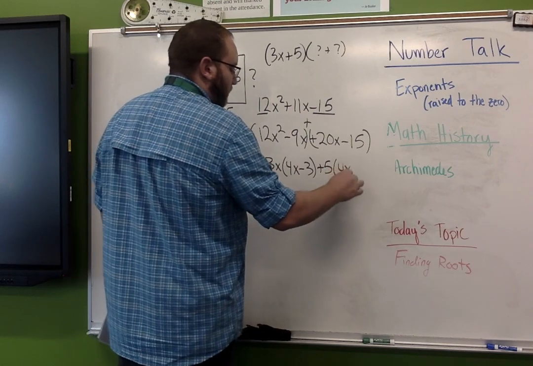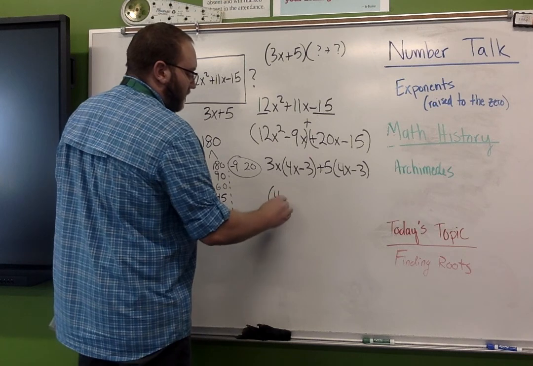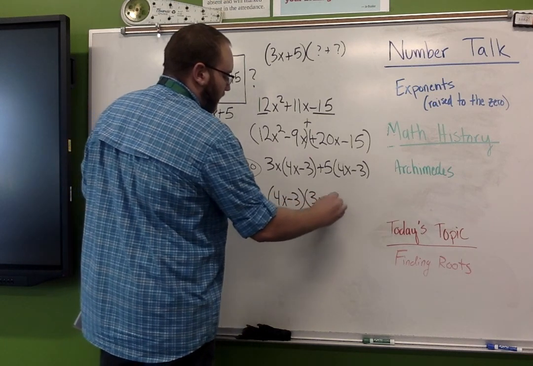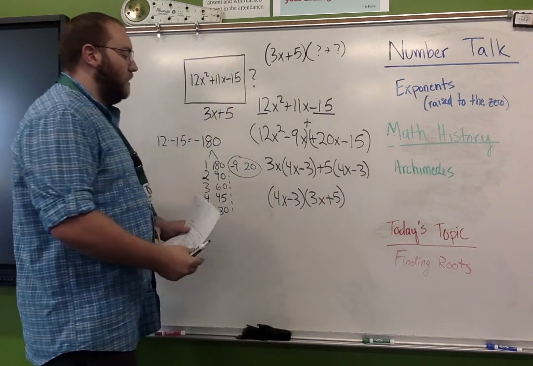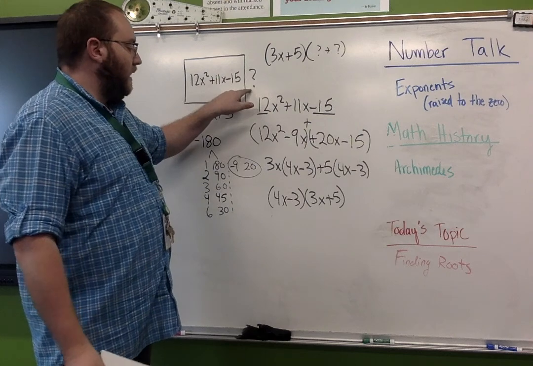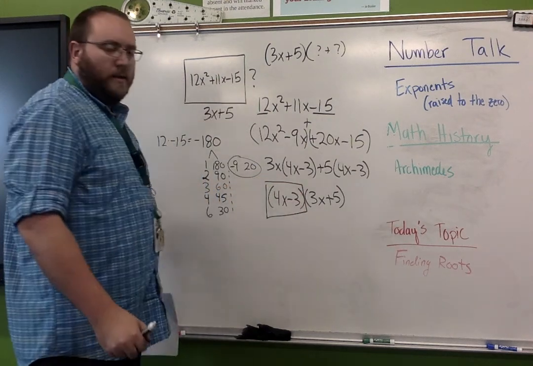We're left with 4x minus 3. Greatest common factor of the whole thing is 4x minus 3. What's left over is 3x plus 5. Okay, so here's our product. Well, we're given 3x plus 5, so the other side, the width, must be 4x minus 3. And there's your answer.